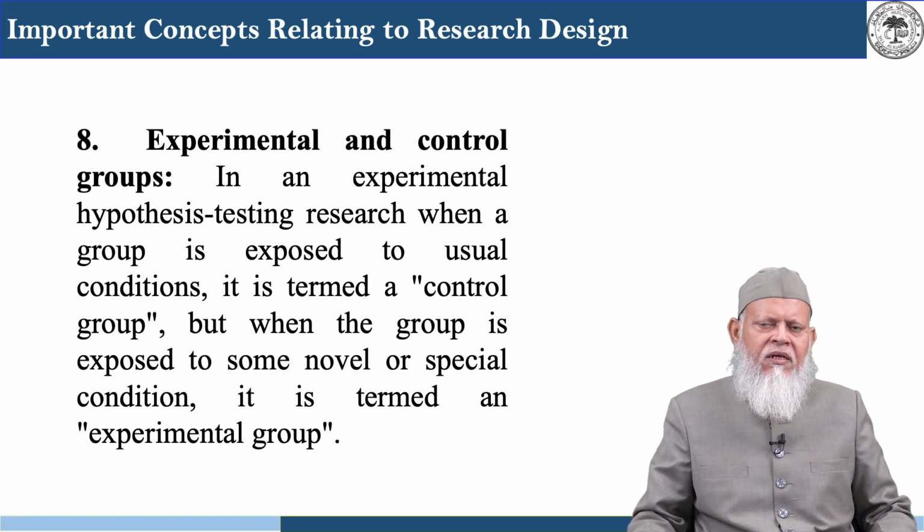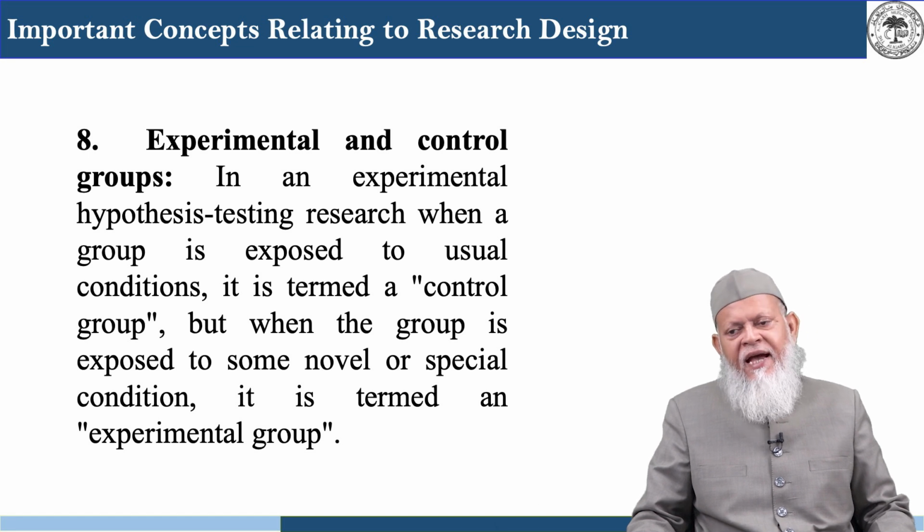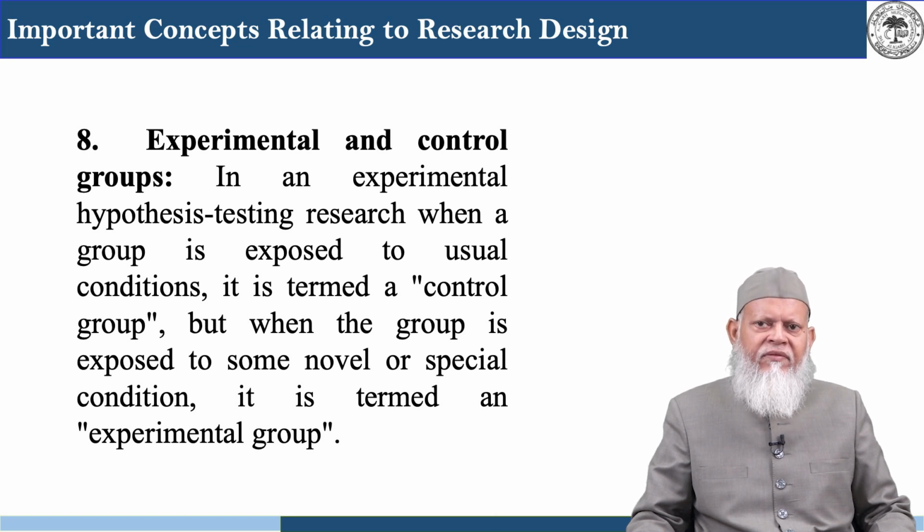That is called the control group. Whereas in another group, along with the normal coaching, they were given special coaching. So, this is called the experimental group, where the treatment is being given.